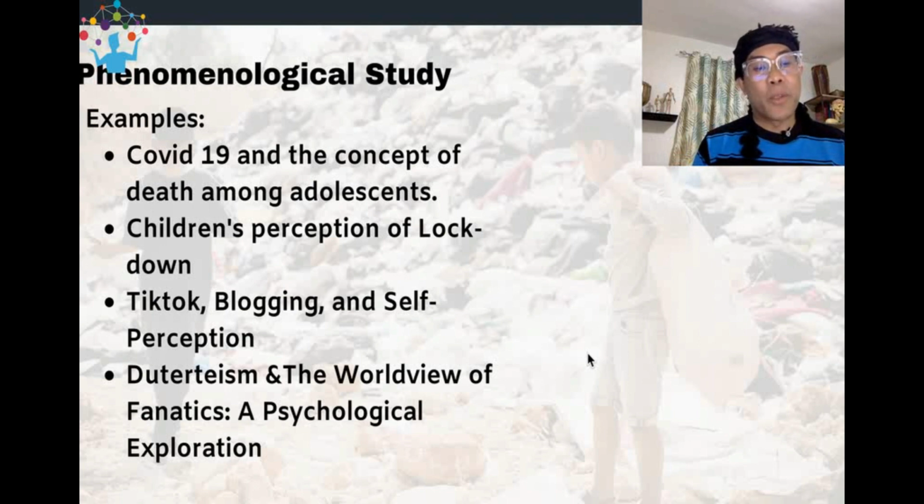For example, Duterteism and the worldview of fanatics, a psychological exploration. You might explore the mind, the experience, the story of the Duterte fanatics and how they dive into that kind of experience of being a Duterte fan.